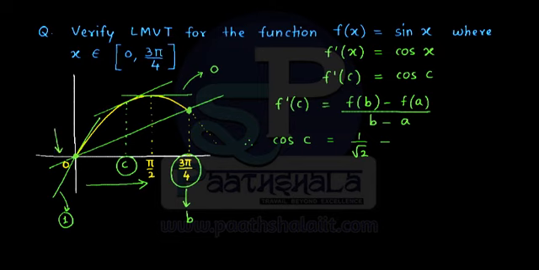Now a is nothing but 0 in this case, and since sin of 0 is 0, we substitute that. Then divided by b minus a, which is 3 pi by 4 minus 0. So clearly, taking 4 on top, we have 4 upon root 2 into 3 pi.